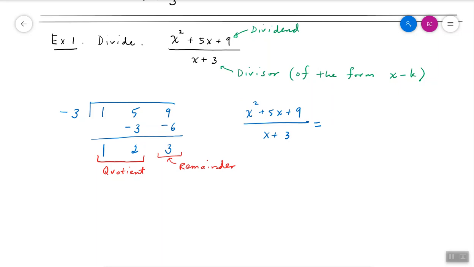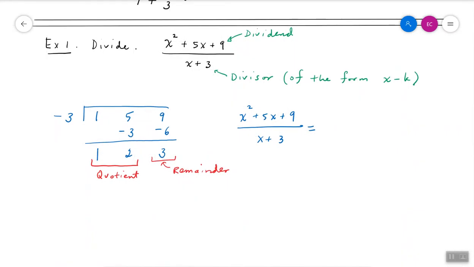And now we want to write this quotient. Of course, we've got to get that quotient back as a polynomial. And so we need the variable x, and we need to have the right powers on each term. And so the trick is to know that the highest power in the quotient is 1 less than the highest power in the dividend.